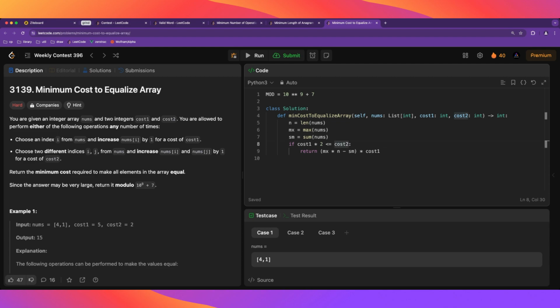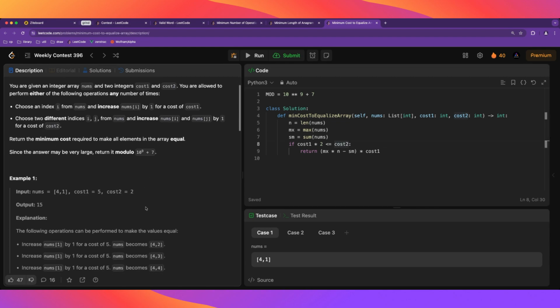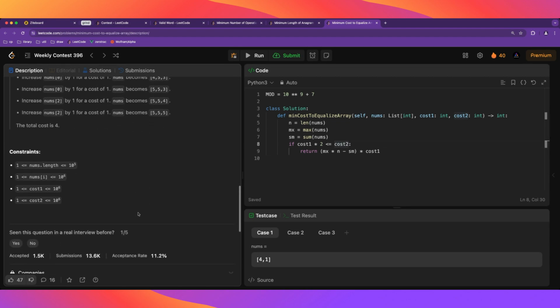And notice that the size can be 1 or 2. So notice that if the size is 1 or 2, then we are forced to just do cost 1, right? Well, if it's 1, obviously we cannot do the other operation.